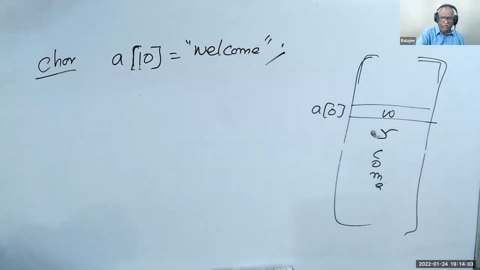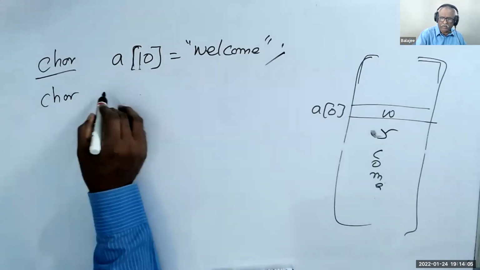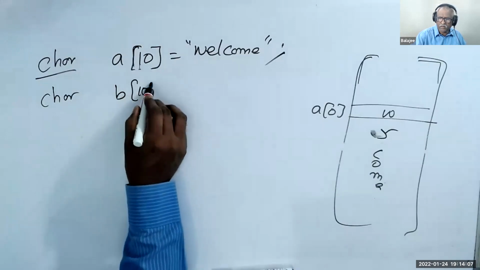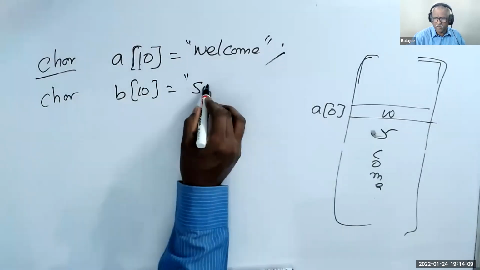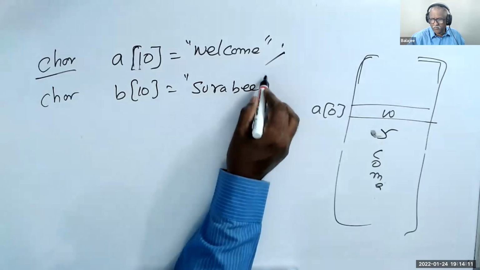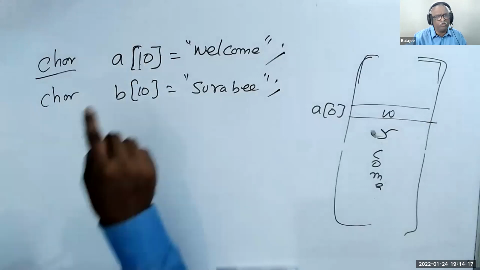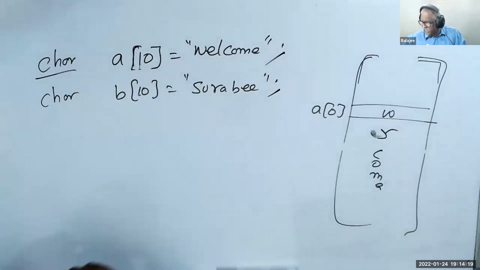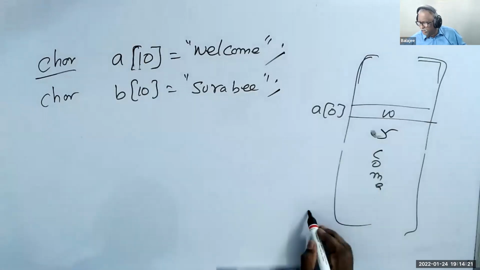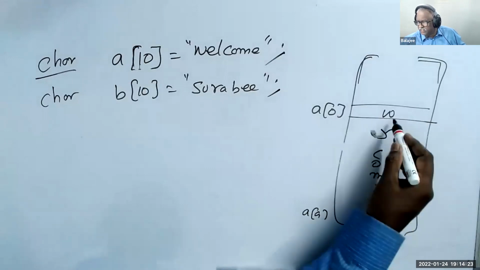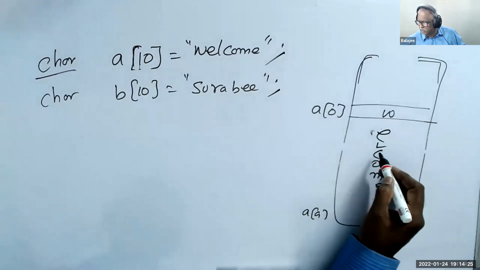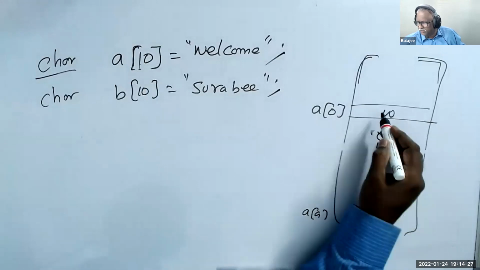Now, if we say this, it is right. I've declared A and B. This is also right. In this case, it allocates 10, A of 0 to A of 9, and it fills only 7, welcome and 0, up to 8.